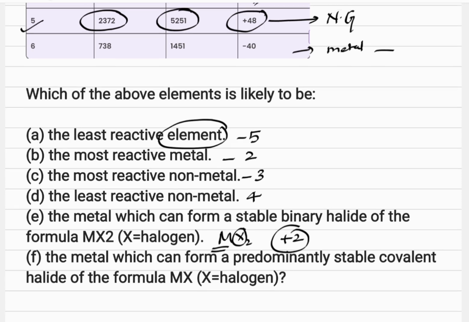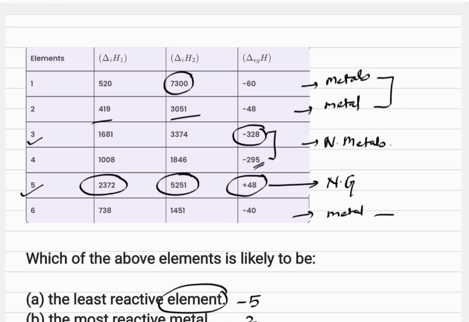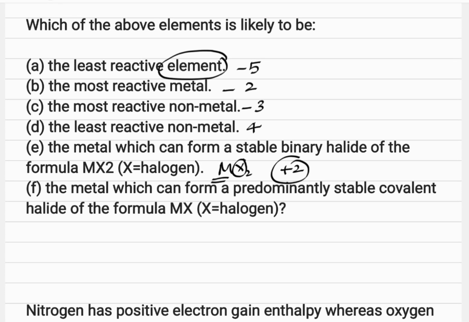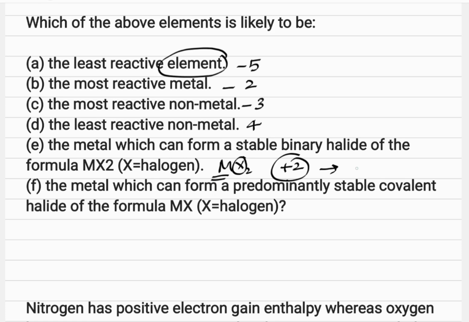That means it has to have a rather low second ionization energy. And we can see that from this, and this, the element 6 has considerably low second ionization energy. That means element 6 is willing to lose 2 electrons and form a divalent ion and therefore form MX2.